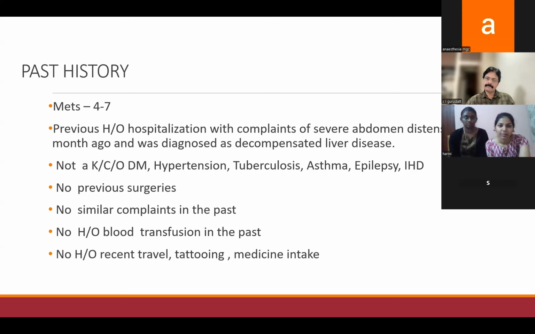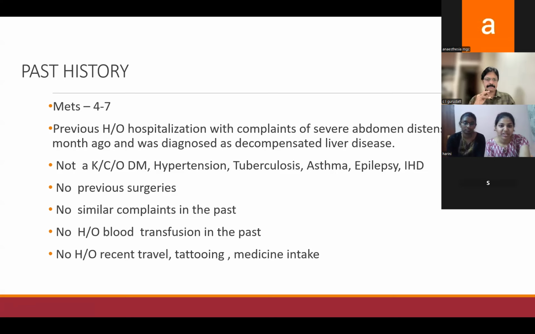He has a MET score of 4 to 7. He has a previous history of hospitalization with complaints of severe abdomen distension 1 month ago and was diagnosed as decompensated liver disease. Not a known case of hypertension, tuberculosis, type 2 diabetes mellitus, asthma, epilepsy, or IHD.